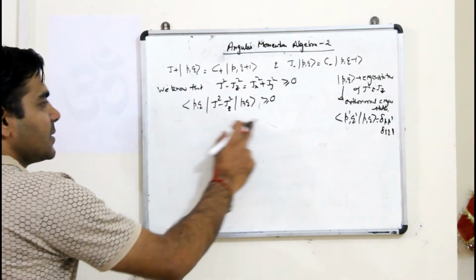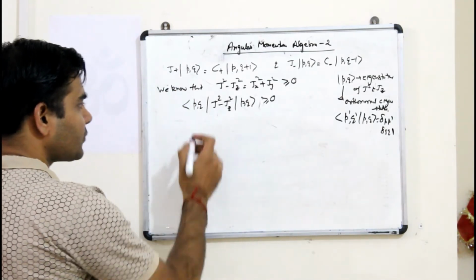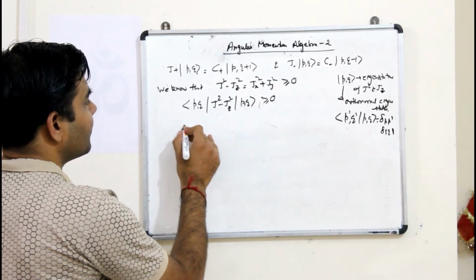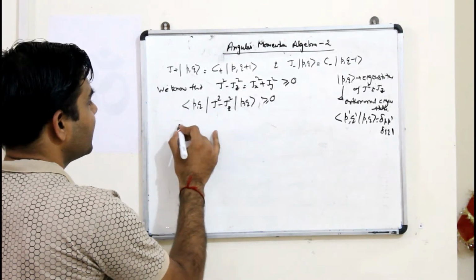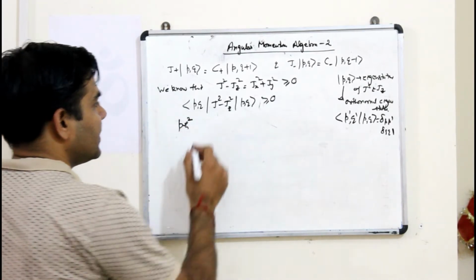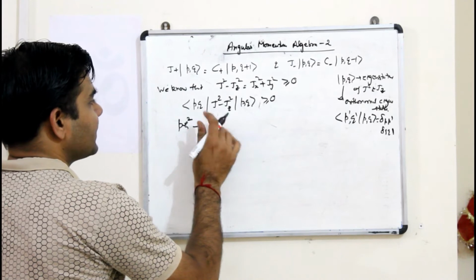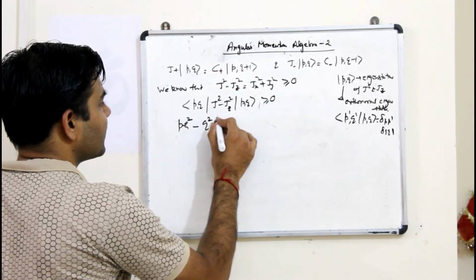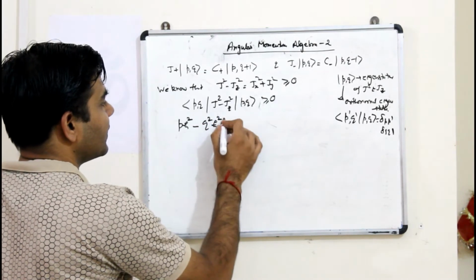So this will always be greater than or equal to 0, which in turn can be written as the action of J square on PQ is P h cross square, minus the action of Jz square on this, which is Q square h cross square, greater than or equal to 0.